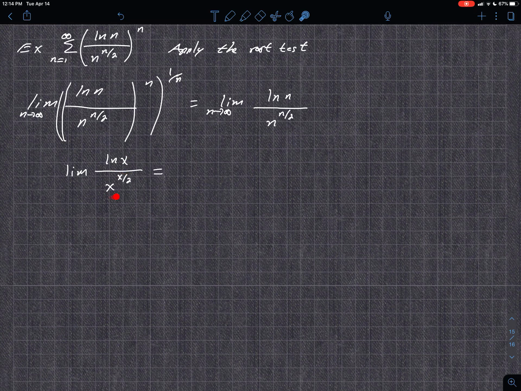So if you just do one L'Hopital's rule on this, and you'll have to look up how to do that derivative again, you'll get that it approaches 0. Okay, so that's going to approach 0, so it has to converge. Therefore it converges, which is less than 1, by the root test.